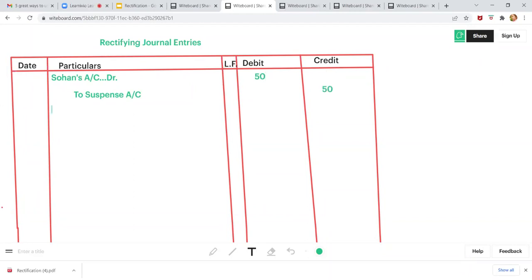And we will write the narration, as we have to write narration in journal format: being goods purchased from Sohan of rupees 200 was posted in his account as 250 rupees, now rectified, right?